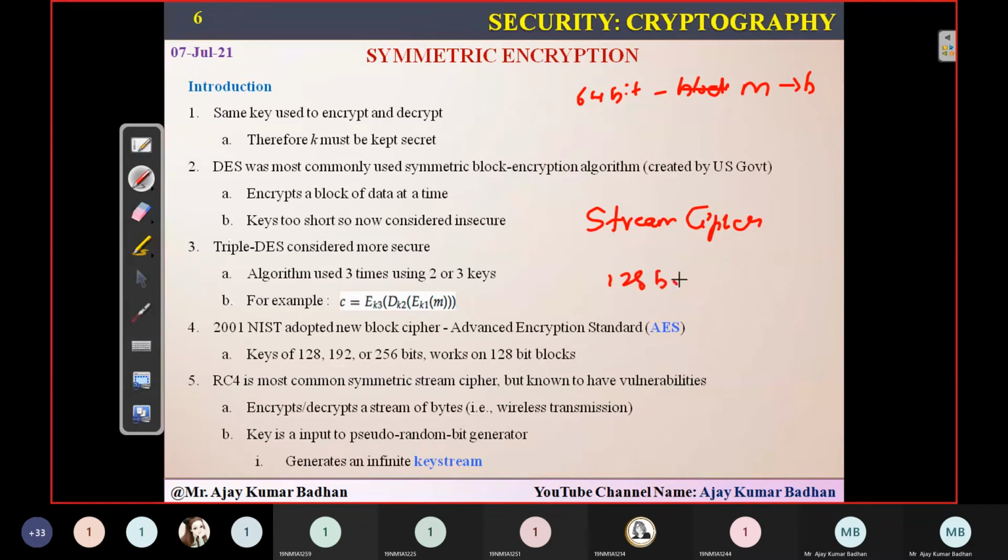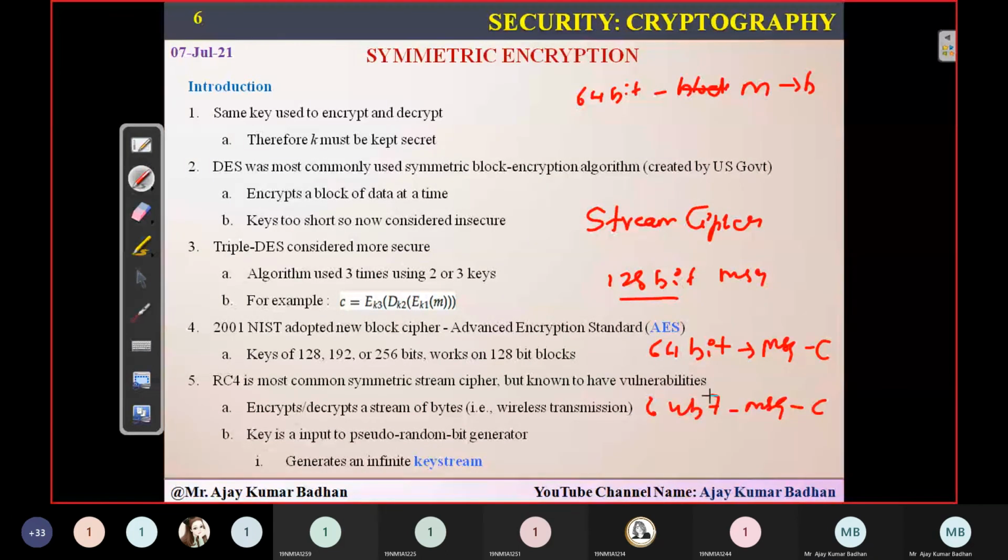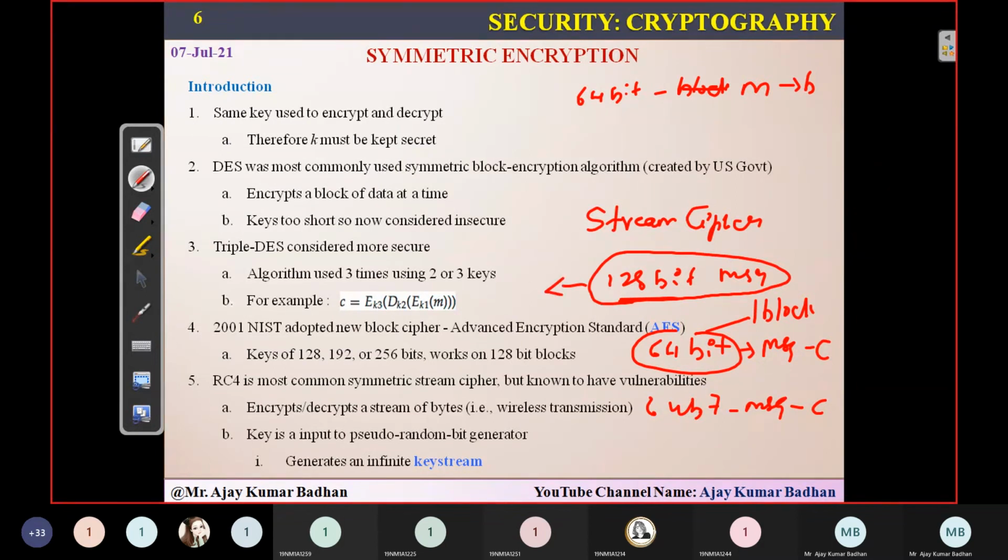Suppose you have a 128-bit message. The first 64 bits will be taken and converted into ciphertext. Then the remaining 64 bits will be taken and converted into ciphertext. So a 128-bit message will be converted into two blocks.